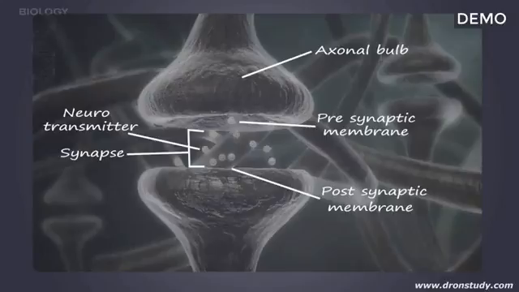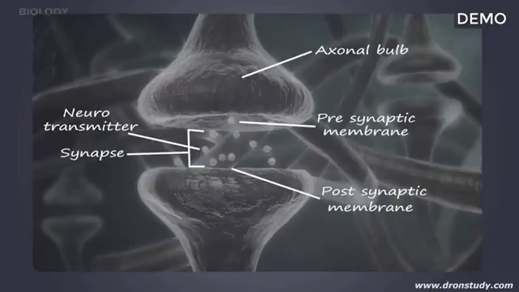Now at the post-synaptic cell, you can see that there are receptors which will receive the neurochemicals sent by the presynaptic cells, and then they are sent to the dendrons, and from there they are carried further. So this is how the exchange happens, and depending on which type of nerve fiber is involved, the neurotransmitters change.